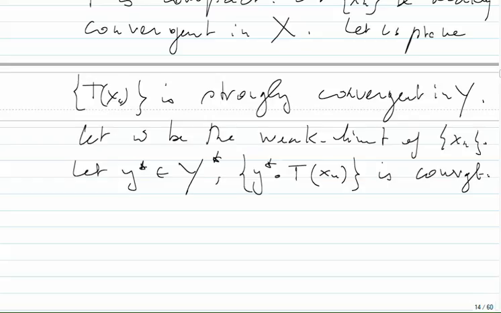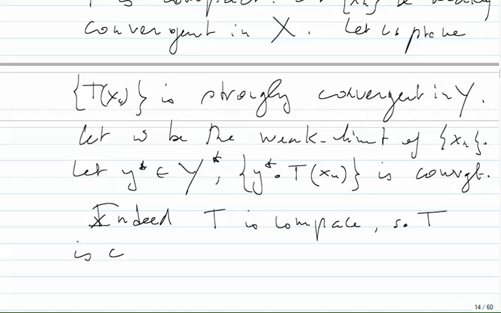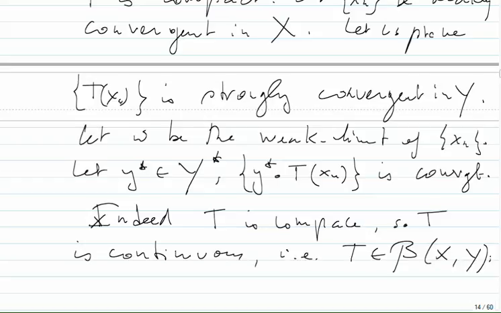Indeed, T is compact, so T is continuous. In other words, T belongs to B(X, Y). So y* composed with T belongs to the dual space, right?